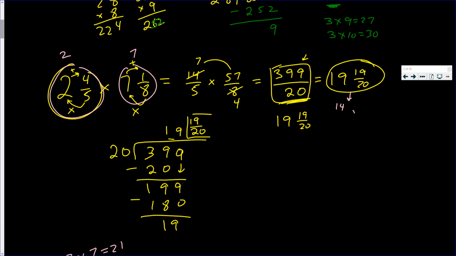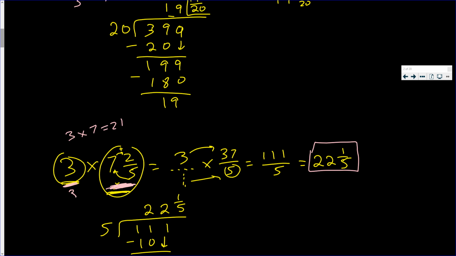another technique, an additional step. This 3 is just above this number, and 8 is just above 7 1/8. That multiplies out to 24. Our answer should be in between 14 and 24. So this number, it may be wrong, but it's reasonable. If we got 27, we would say, nope, it's wrong.